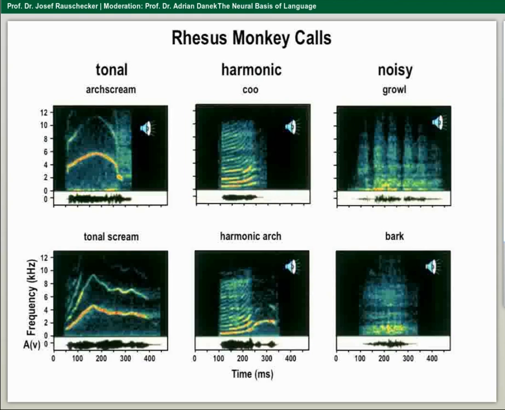We didn't want to use human speech because we didn't think that was something that the monkeys would be interested in. Although, of course, they hear us speak, but they're more interested in hearing their own fellows and their own mates talk.